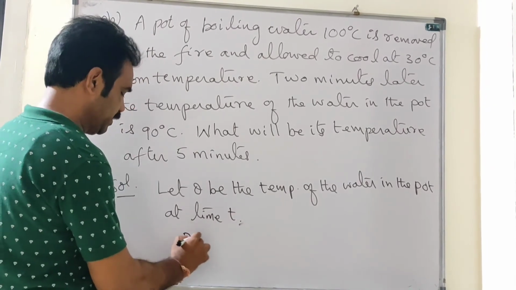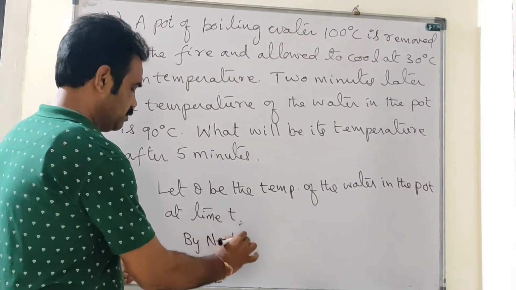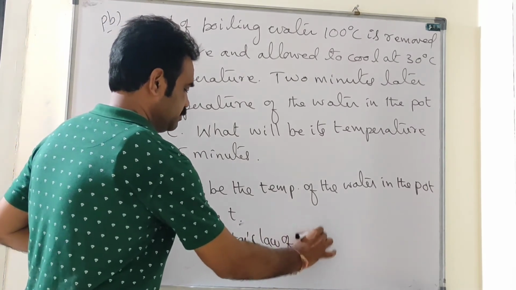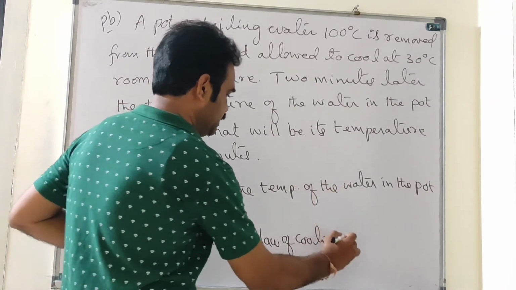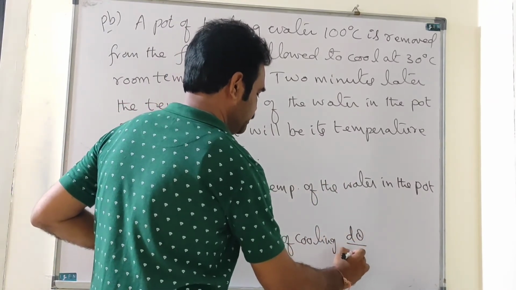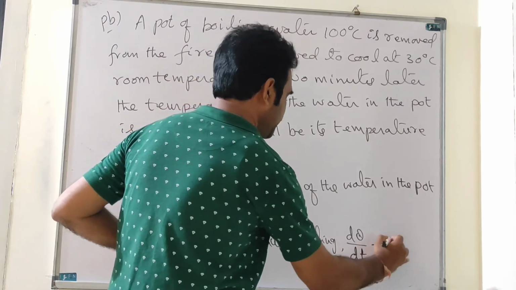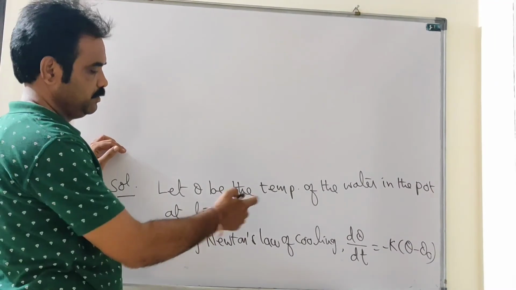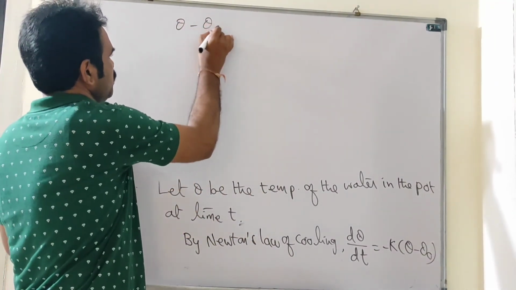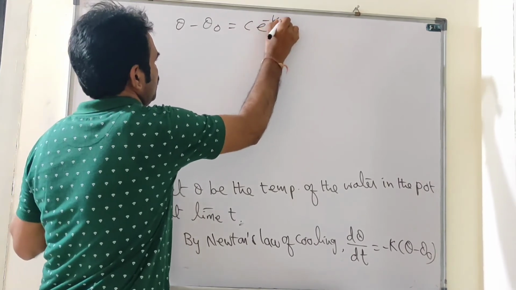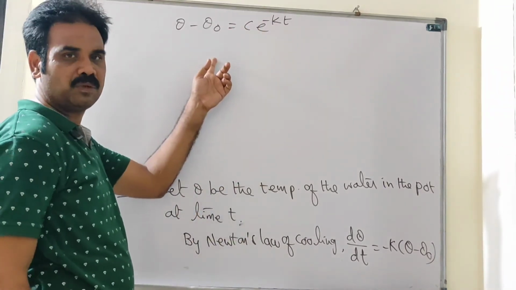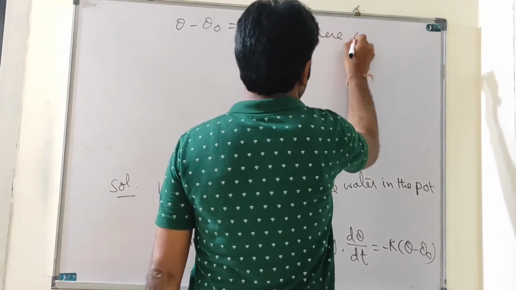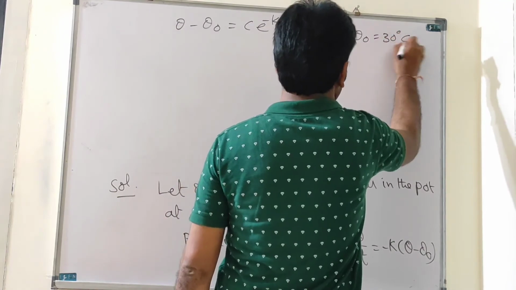Then by Newton's law of cooling, d theta by dt is equal to minus k into theta minus theta naught. From this we get theta minus theta naught is equal to c e power minus kt, where theta naught is the room's temperature, that is 30°C.